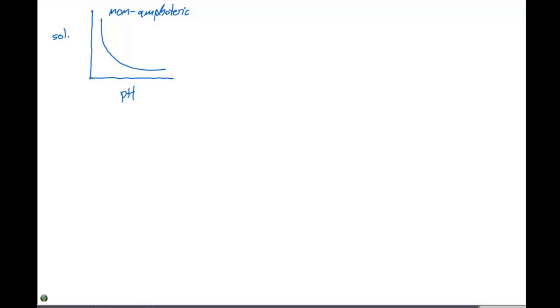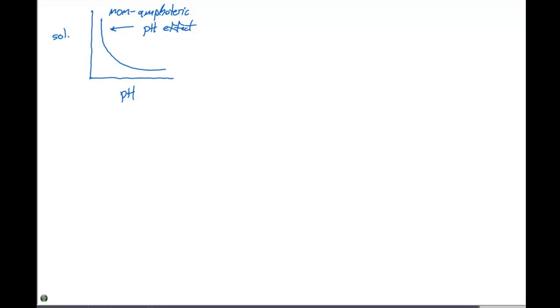And the reason we have such a large solubility up here is because of the pH effect. We talked about this for a salt like magnesium hydroxide and how it dissolves very, very well in acidic solution.